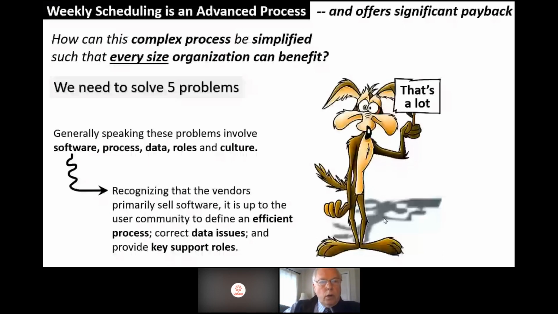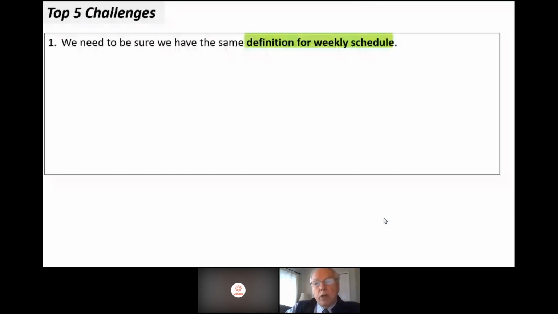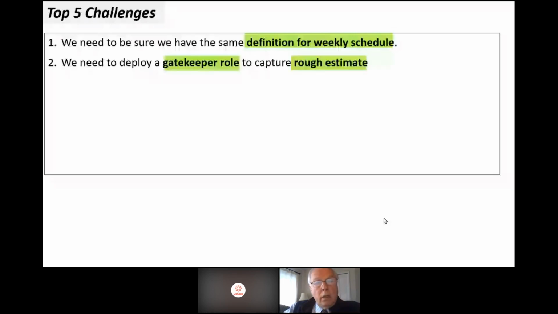Okay. All right. So we're going to discuss the top five problems that I think need to be addressed. Number one, the definition for a weekly schedule. Again, it's much more than just a set of PMs that are due in the week. It's corrective maintenance, and it needs to be balanced against the resource availability. We need to get a rough estimate, in my opinion, on all incoming work.